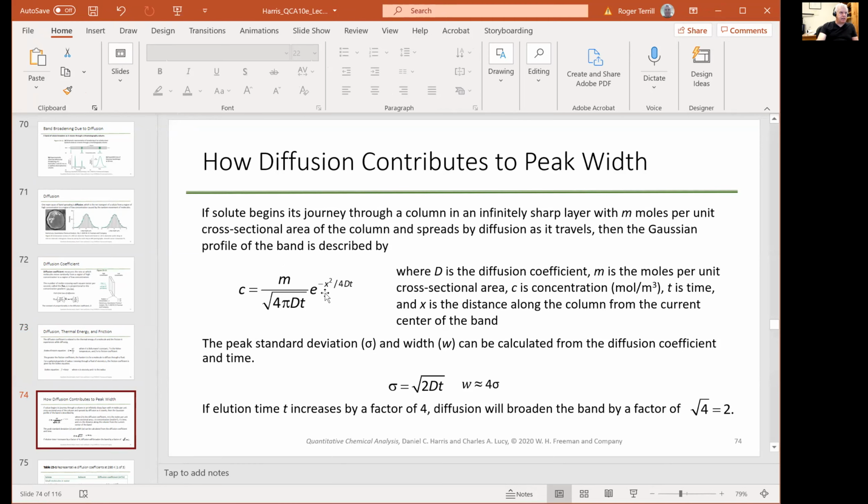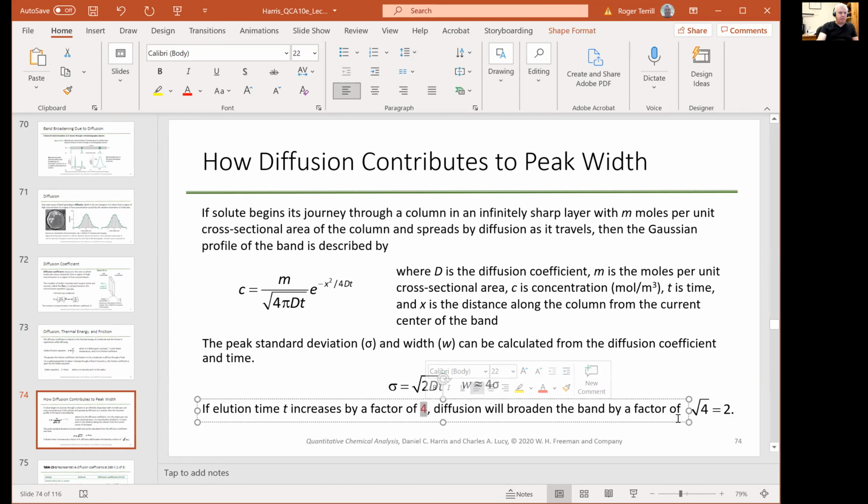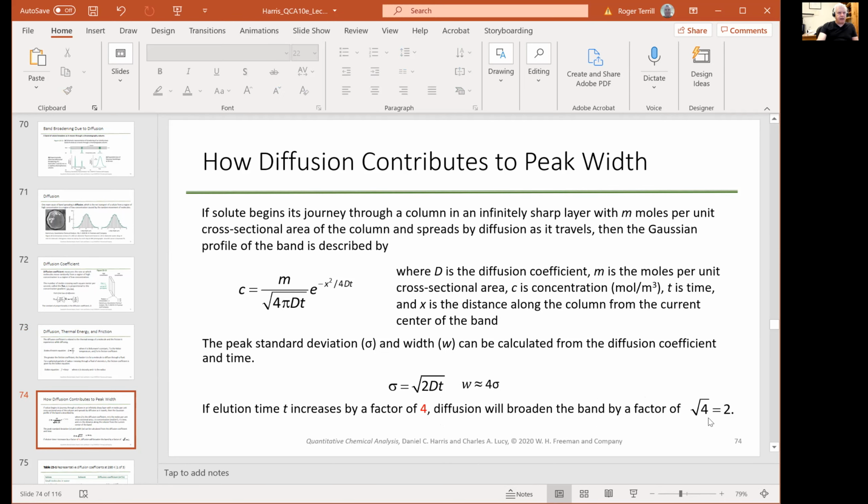If you throw some of those constants in here, it's proportional to e to the minus x squared over D. So sigma is equal to root 2Dt. So if the elution time increases by a factor of 4, the band will broaden by a factor of 2.